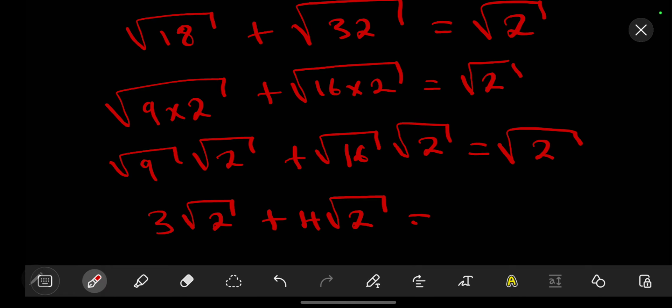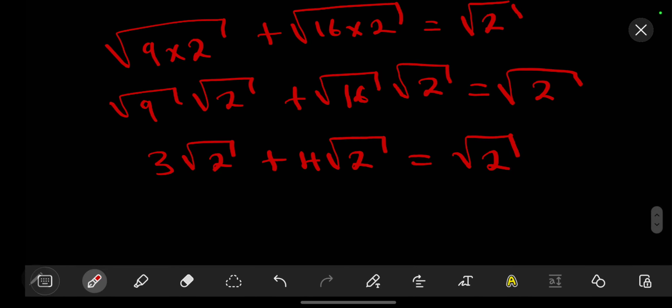Yeah, so this one should be equal to, we are told that it's equal to the square root of 2. So let's just add. So we have 3 plus 4. This one will give us 7. That's how we add. If you don't know that, just comment and I will forward. Then we have the square root of 2, this should be equal to the square root of 2, like that.